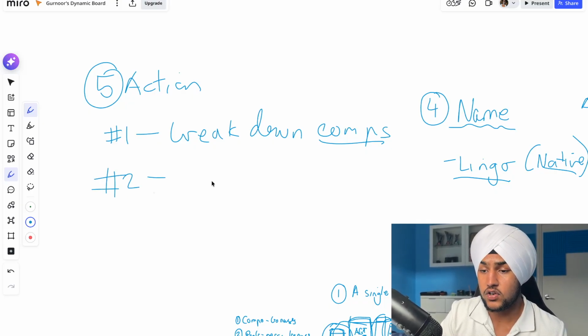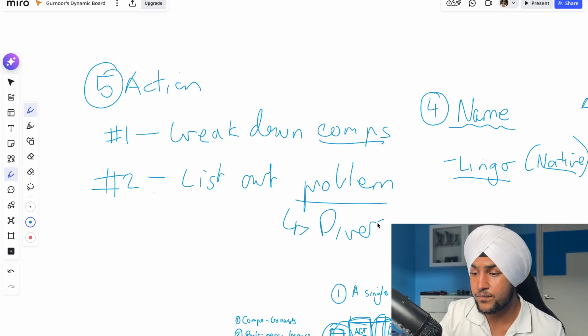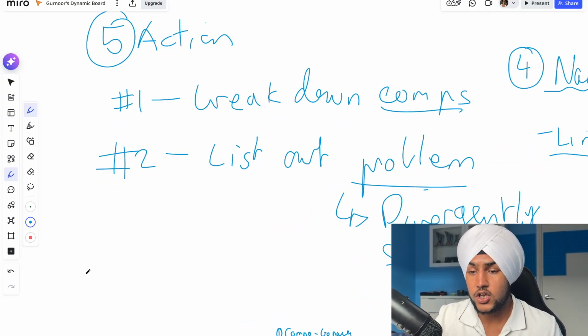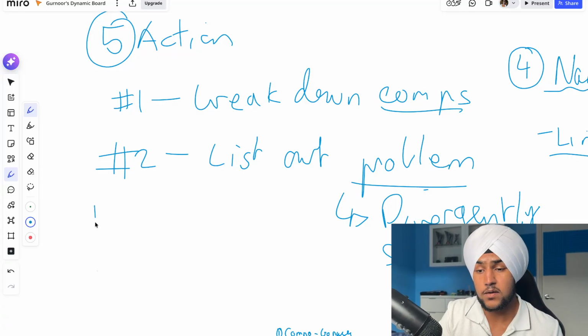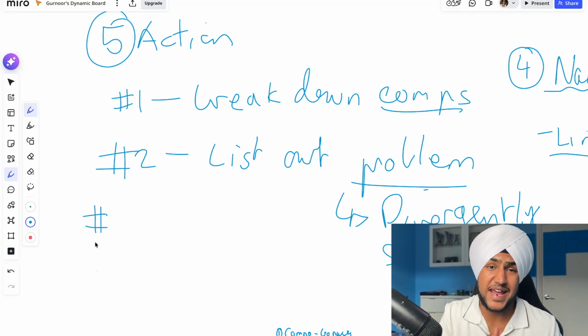Second thing you can do is list out all the problems that your audience may face after buying your product. List out all the problems and then use divergent thinking to solve them. What would people want to use to solve this problem? Would they want an ebook? Would they want a 7-day program? Would they want an automated SMS sequence?